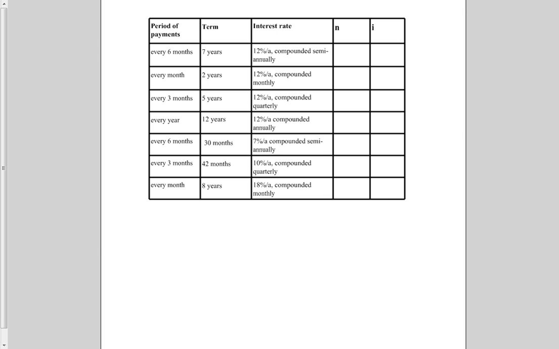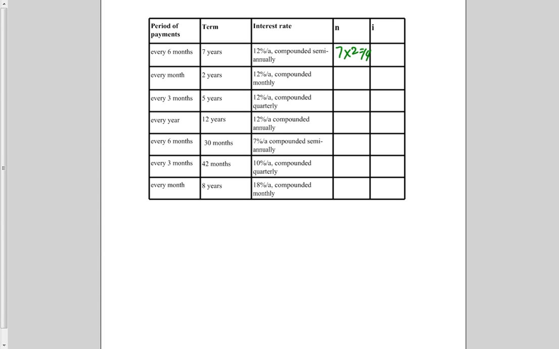Let's refresh ourselves again that i and n change depending on the compounded rate. So if you are getting payments every 6 months for 7 years, you are paying twice a year for 7 years, it will be 7 times 2, which is 14. Our i value again is 12% per annum compounded semi-annually.